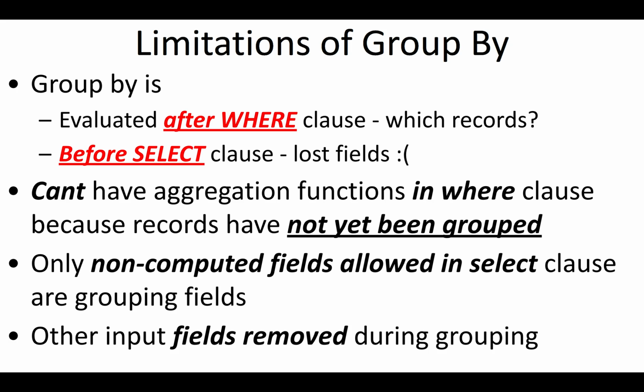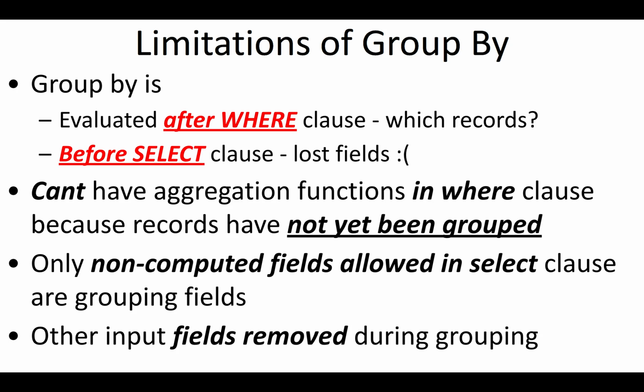So I don't have them in the where clause. In this where, I haven't grouped them yet. First the where clause runs, and then I group, calculating the aggregates. So the values of those aggregates don't exist until after the group by. The where already happened. So I can't use these aggregate values in the where clause.